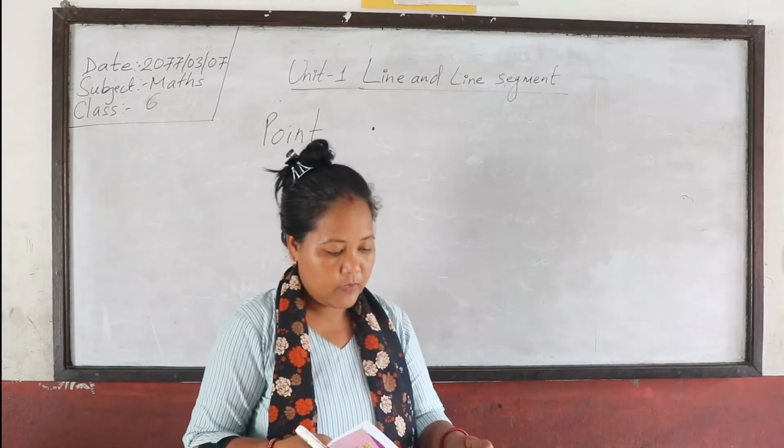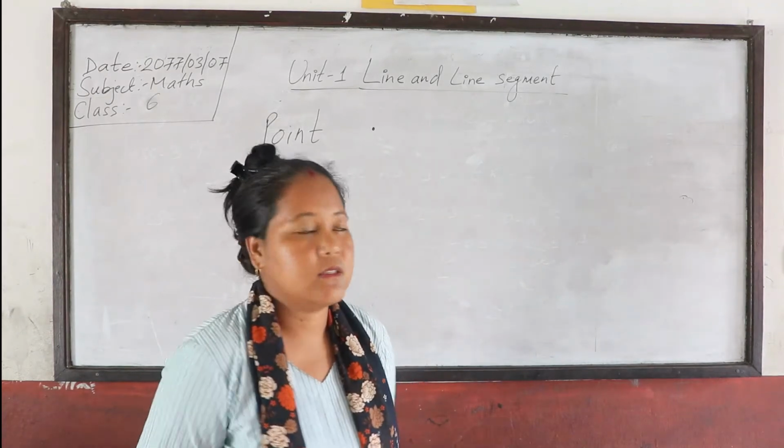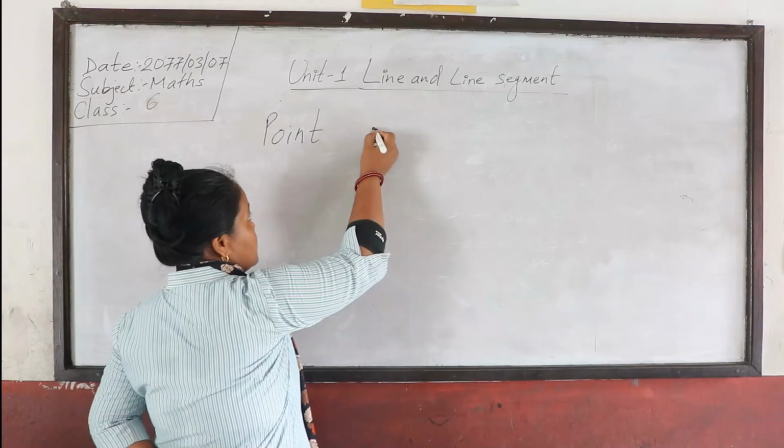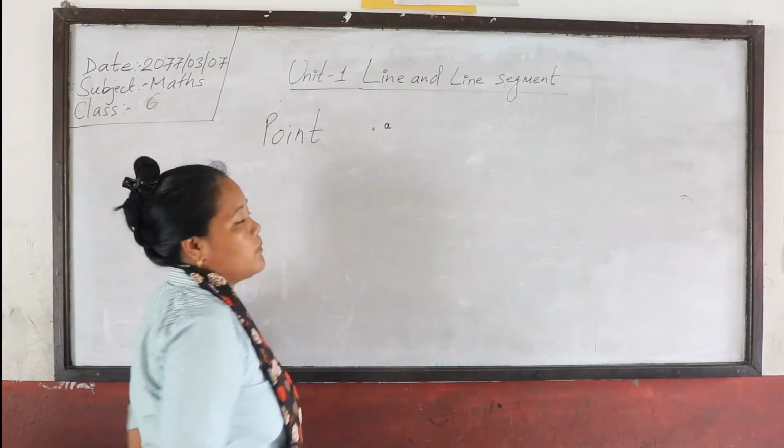And a point is denoted by capital letters. A point is not denoted by a small letter.